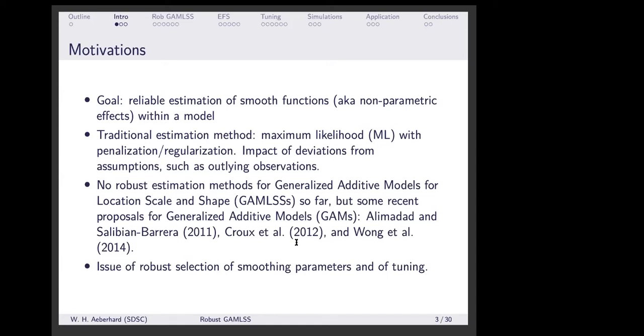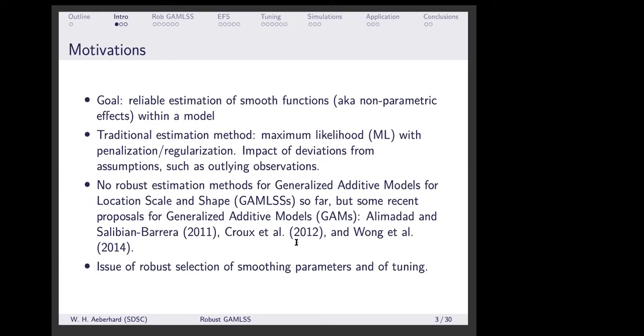And the second issue I will touch upon today is the issue of tuning robust estimators. I can say this in pretty general terms that the vast majority of robust estimating methods do require some calibration. There is a trade-off that has to be achieved when computing such an estimator. It's a trade-off between something we typically lose if the data were to come exactly from the assumed model and something we gain, which is a robustness property.